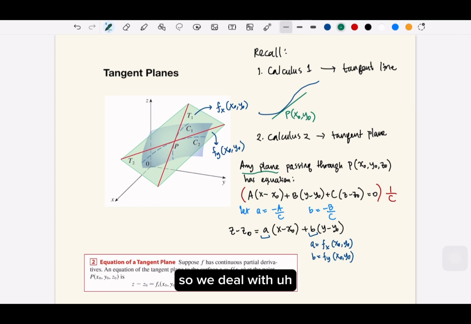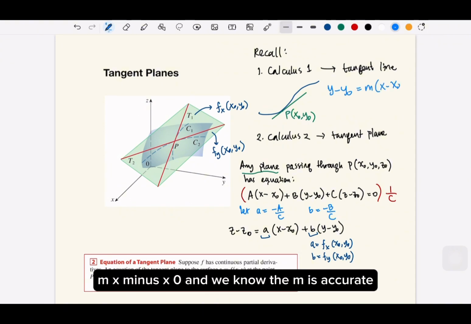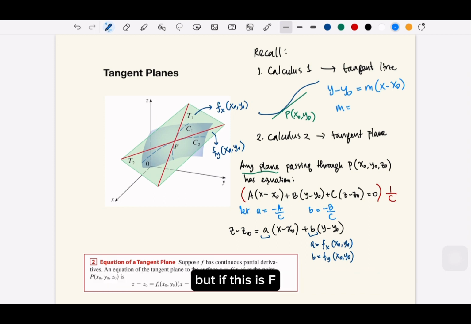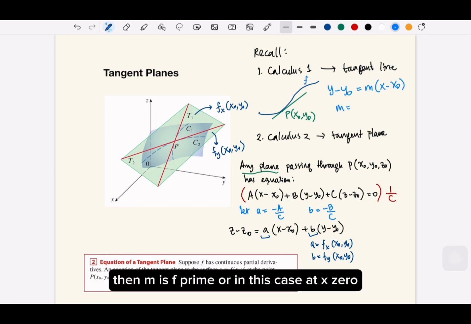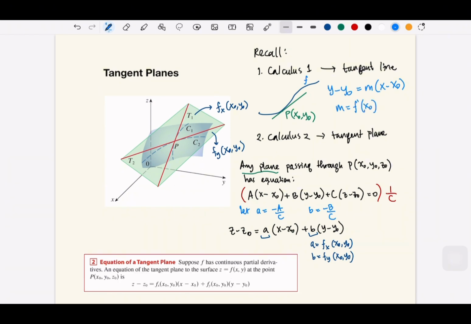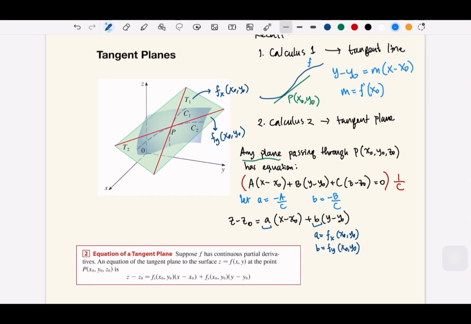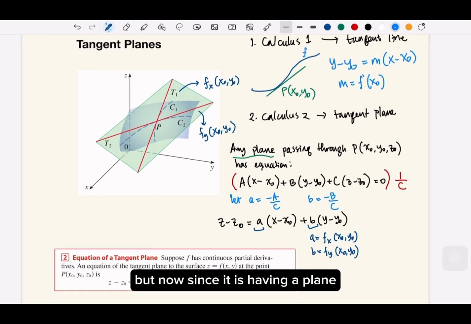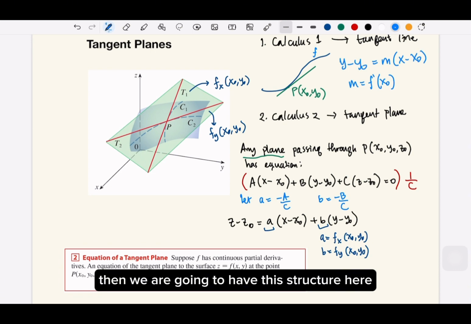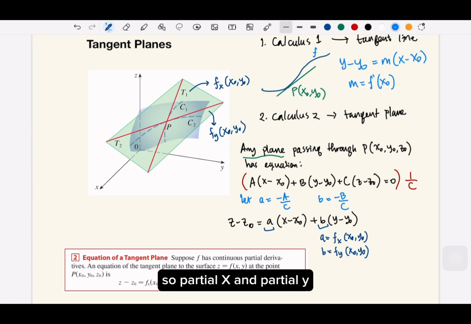So we deal with y minus y0 equals m times x minus x0, and we know the m is actually, if this is f, then m is f prime, or in this case at x0. But now, since it is a plane, we are going to have this structure here. So partial x and partial y.